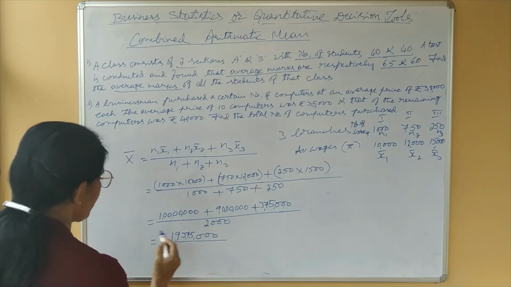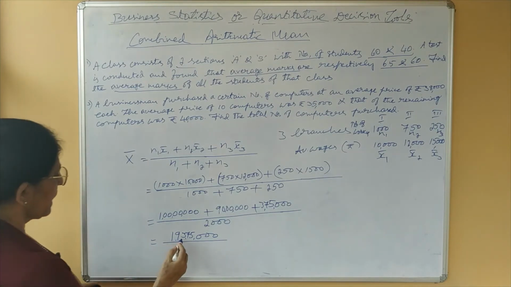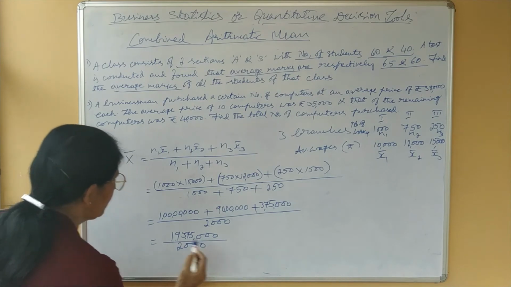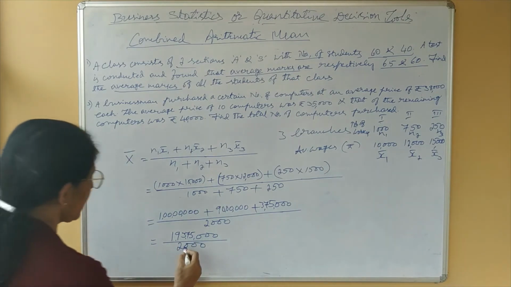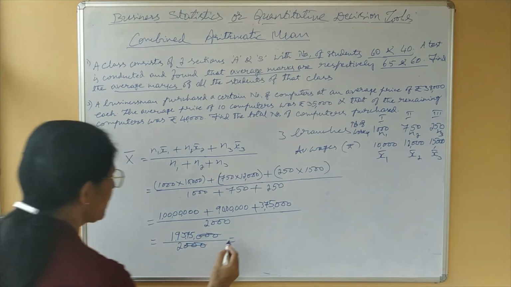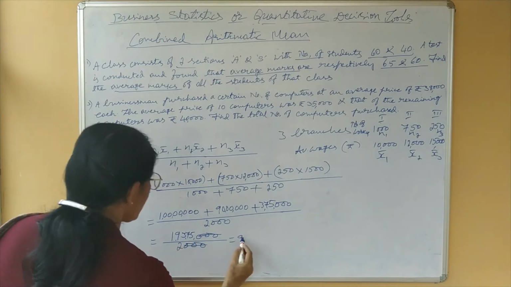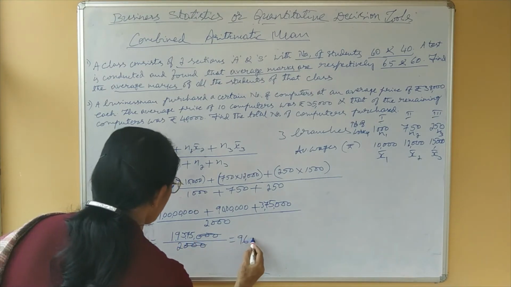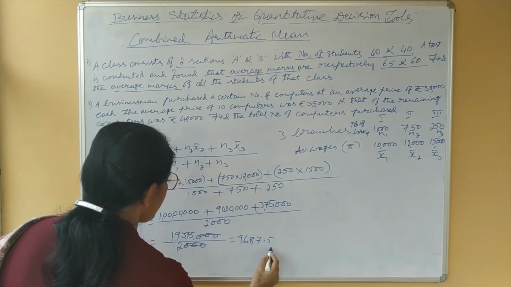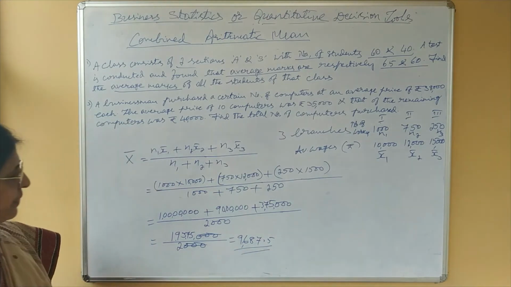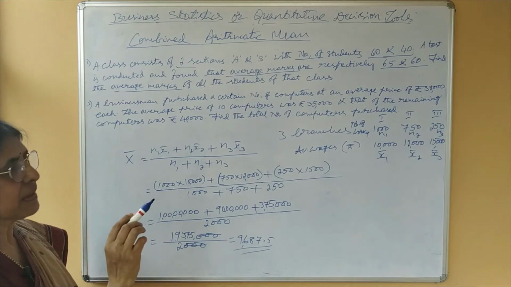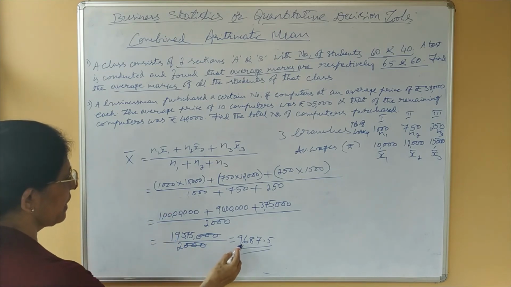Now it is 1 crore 93 lakh 75,000 divided by 2000. Now cancel common zeros, 3. Now divided by 2: 2 9s, 2 6s, 2 8s, 2 7s, 0.5. That means, now, what is the average wage of the factory as a whole?